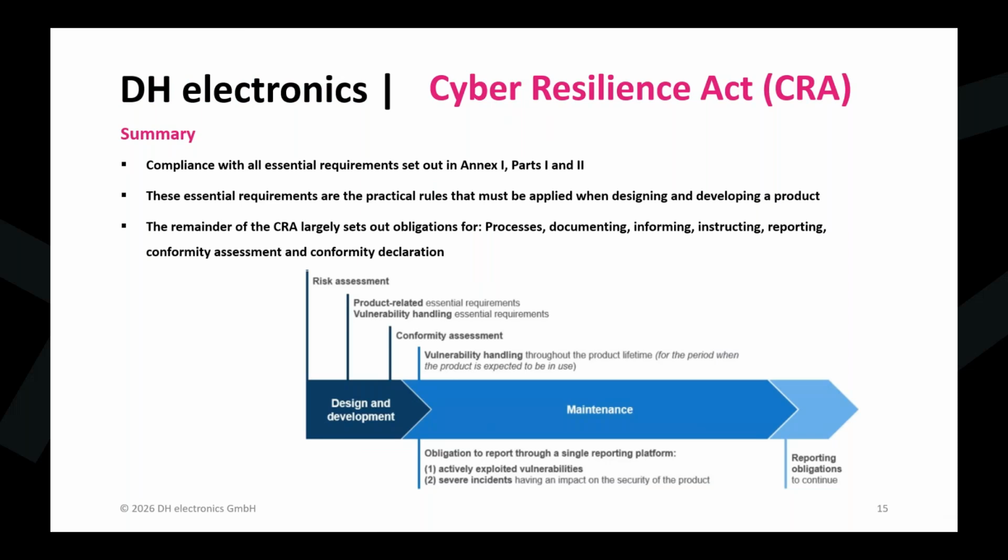And that's exactly what we usually do in our day-to-day work. The remainder of the CRA for manufacturers is mostly about documentation, information, and reporting obligations, plus conformity assessment and declaration of conformity. All of that is important too, but it's not the primary product characteristic.